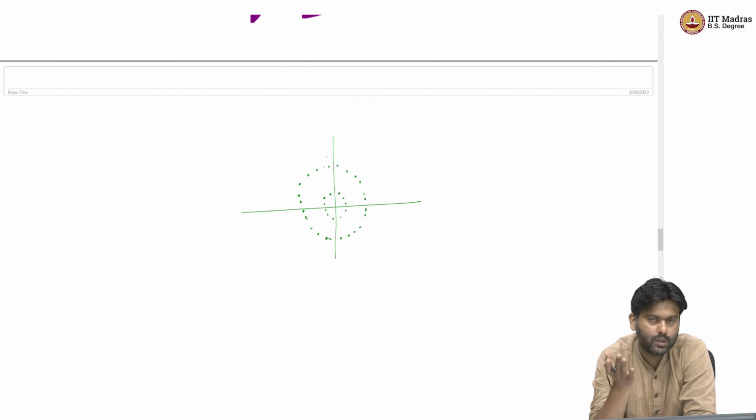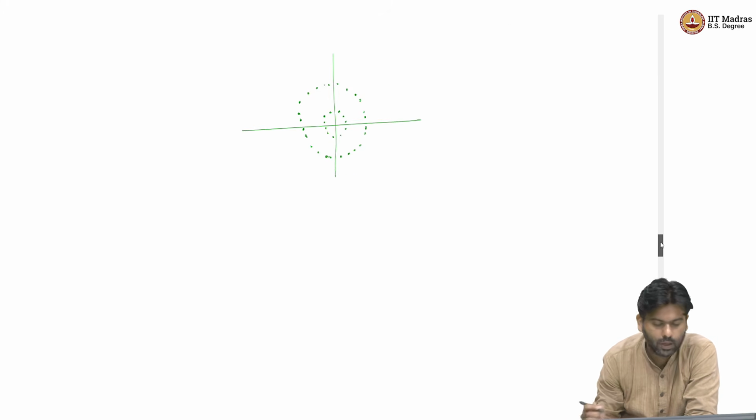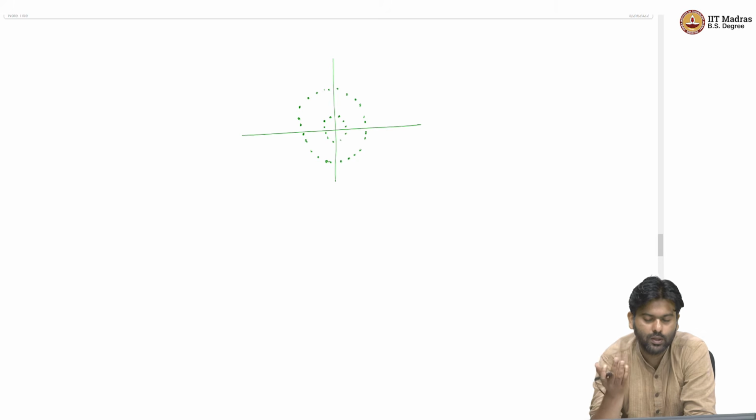Now, let's say I give you this data set and I ask you to run Lloyd's algorithm with k equals 2. Of course, it's going to converge, we know that, but what kind of partitions would it result in? In other words, where would these points get clustered to? How would these clusters look? Now, we know from the previous argument that the clusters necessarily have to be in Voronoi regions.